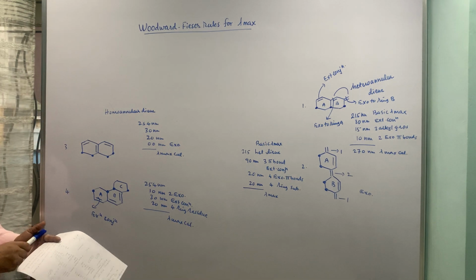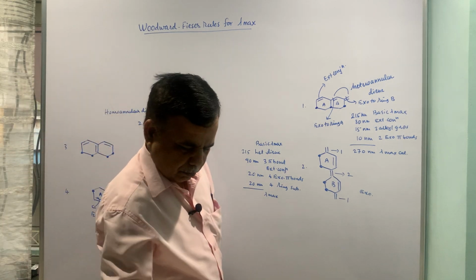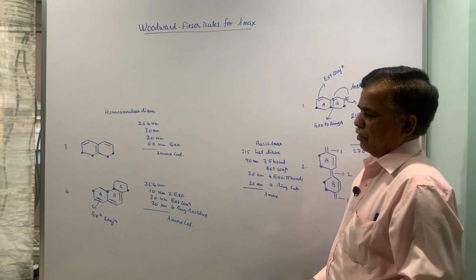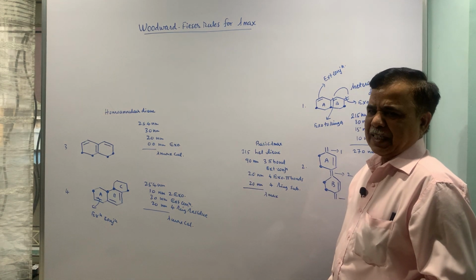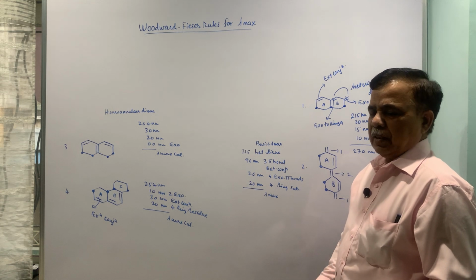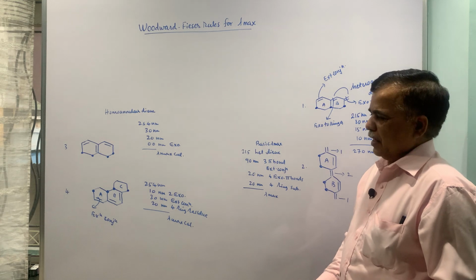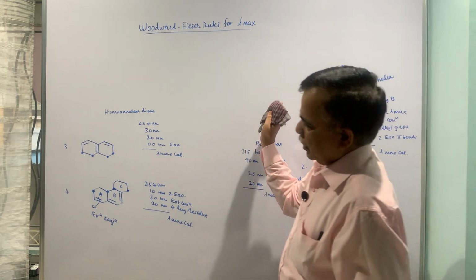So these are some of the things like homoannular, heteroannular, and you have to calculate the values. All these values will be supplied in the exam in case the written exam takes place. If it is a theoretical online exam, then only the basic questions would be asked and so on. Okay.